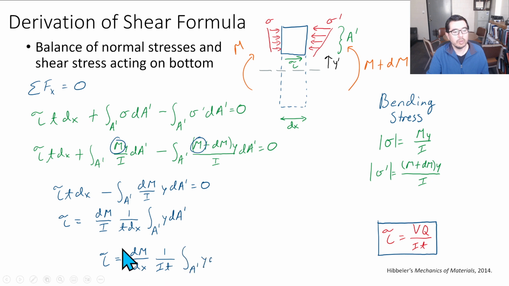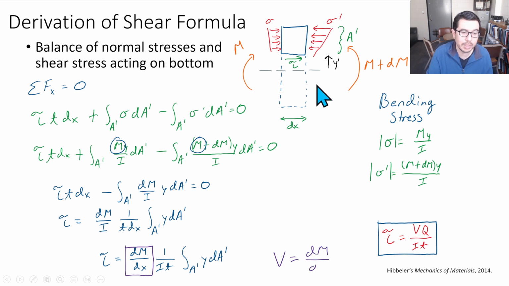We can rearrange things yet again, and we realize, wait a second, dM dx, I've seen that before. This is 1 over It, and then this quantity here. What is dM dx? Ta-da, finally, even though V is not drawn on this slice, V is equal to dM dx. This is kind of a cool deal, because we've been saying there's an average shear stress, and that average shear stress is related to the localized shear stress.